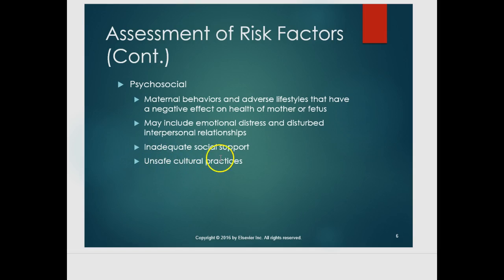If mom does not have adequate social support, that could be a high-risk pregnancy. And of course, unsafe cultural practices. A good example would be if you're in a group that thinks you should go into hot baths in certain mountains, like hot steam baths. Of course we know that could be a teratogen for the baby.